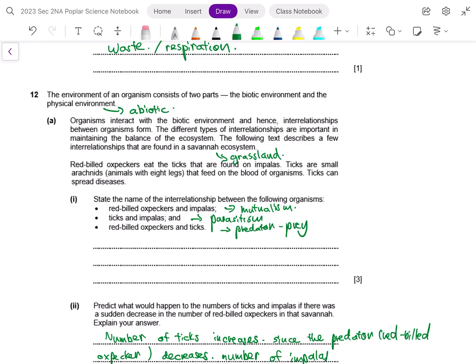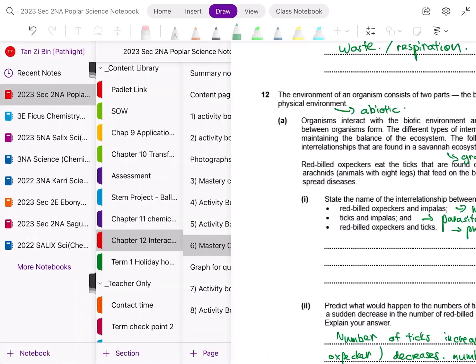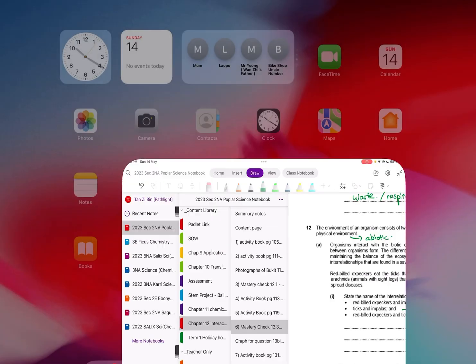So you have the red-billed oxpecker, which is a bird, which eats the ticks that are found on impalas. Impalas look like a goat. Maybe I'll show you a picture.